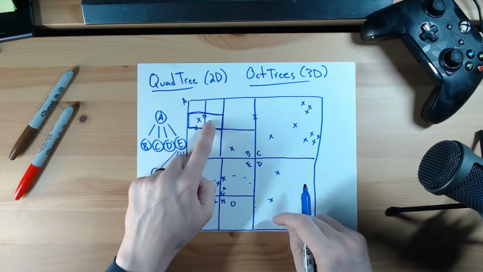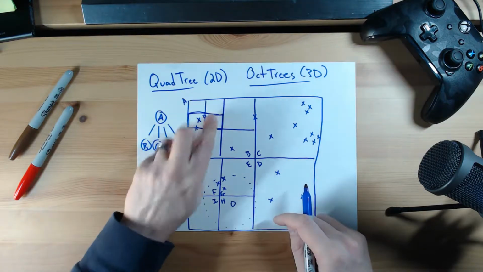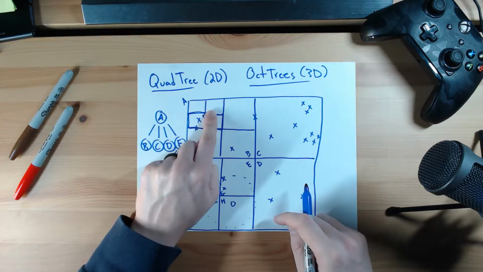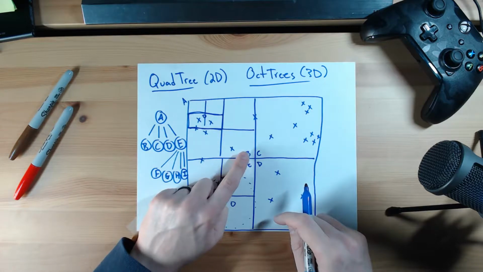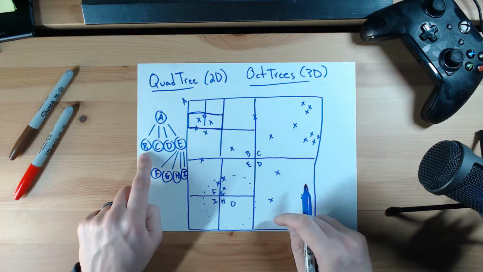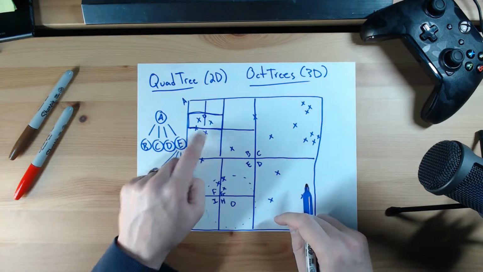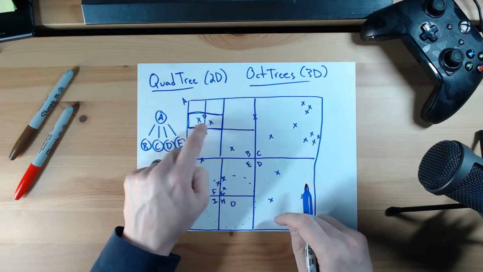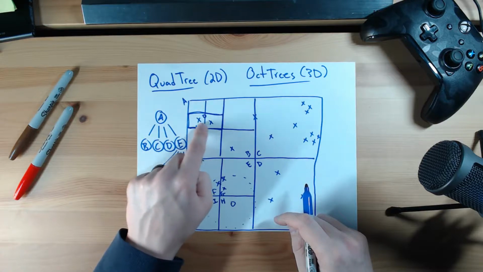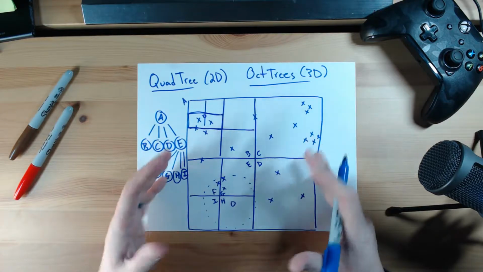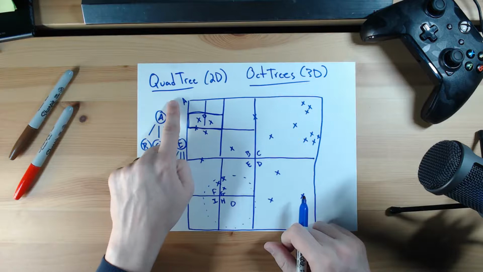These 2 would be encompassed by this space here. This space would be encompassed by B. So the space that we're talking about here is actually a child of B. There'd be 4 nodes inside B, and then under one of those nodes, there'd be 4 nodes inside that, and we'd just be looking at 2 of them. That is what a quad tree is.